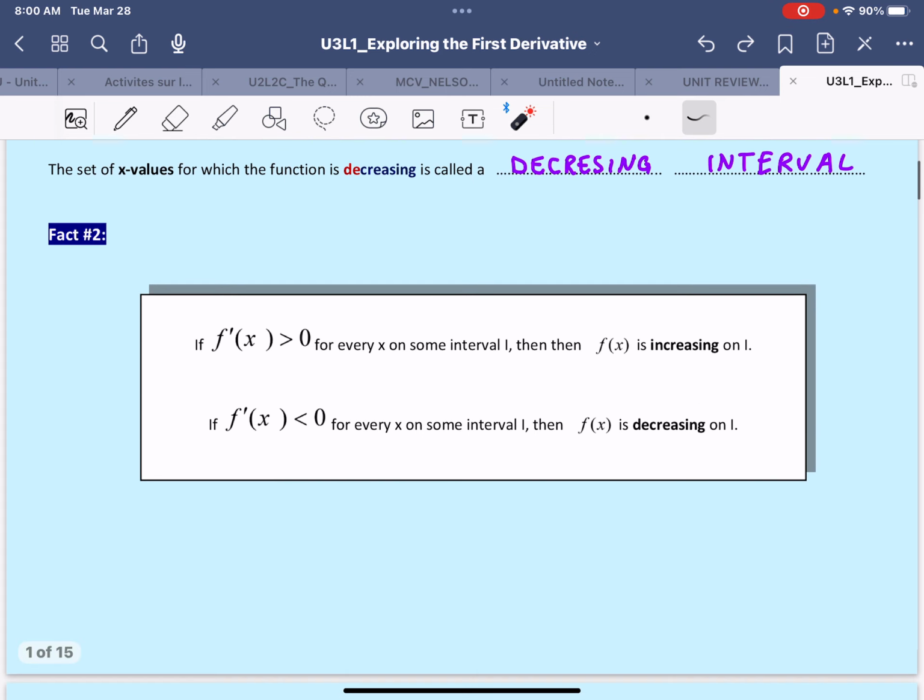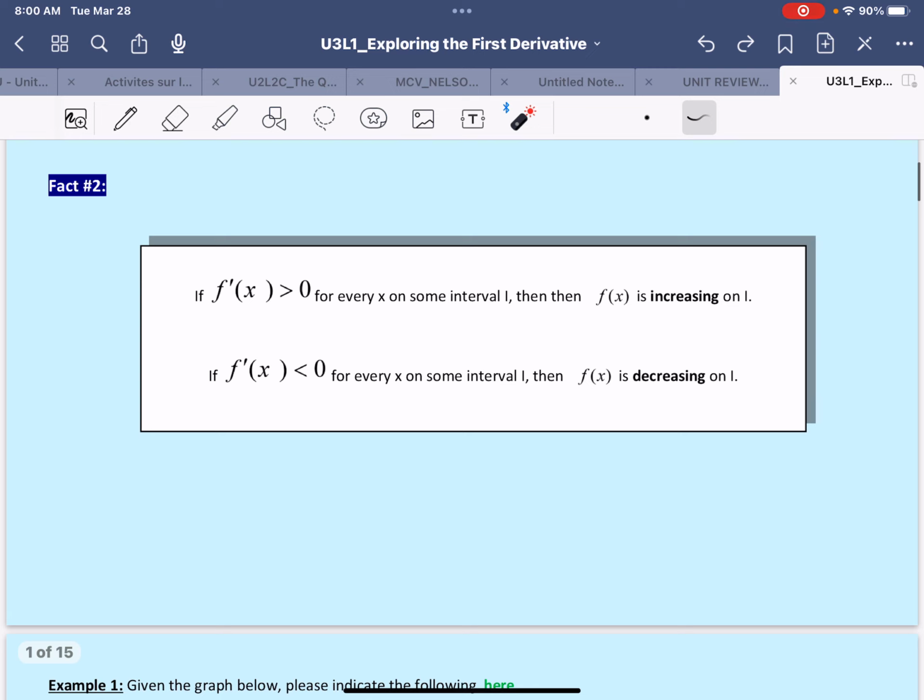Now, from now on, we will analyze the graphs of functions slightly differently by using the calculus tools, or by using the first derivative and the second derivative in the coming lessons.